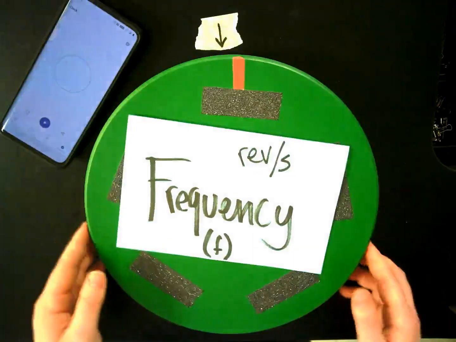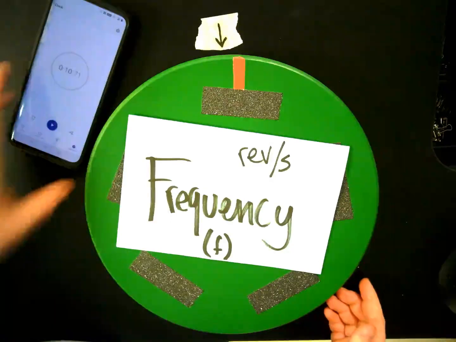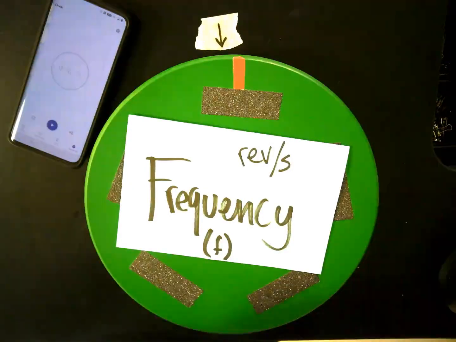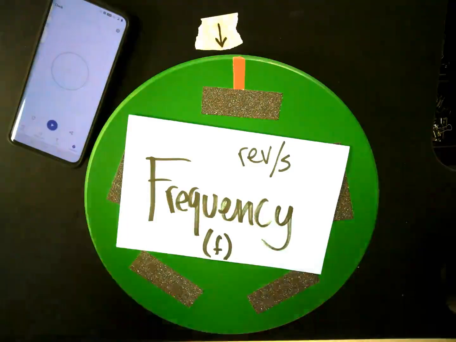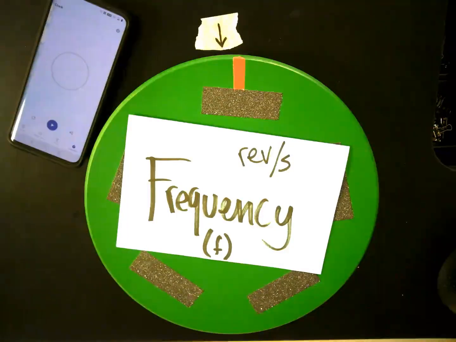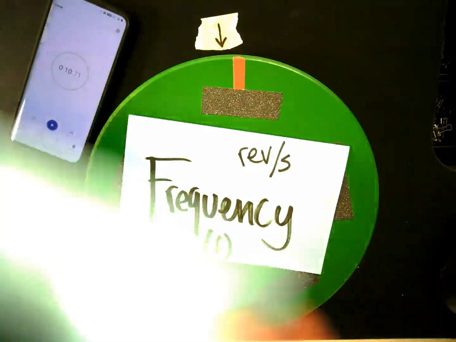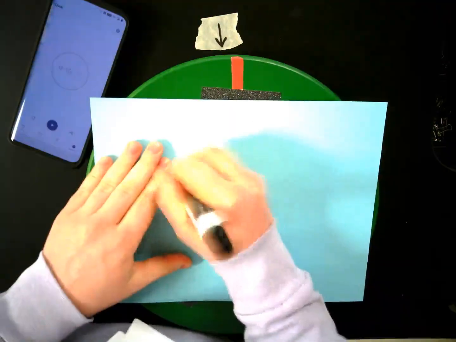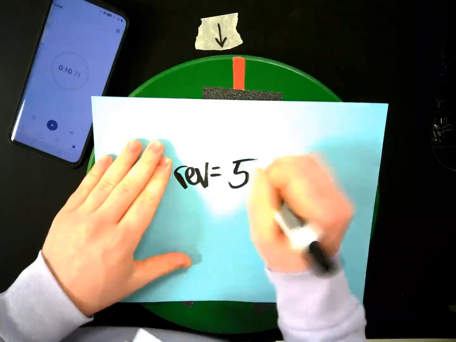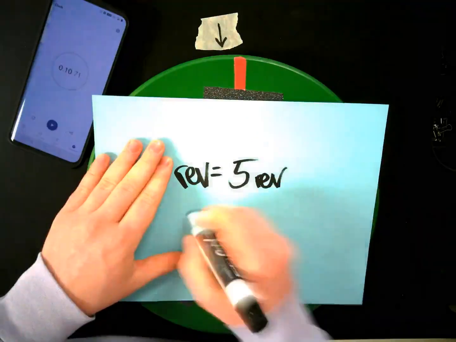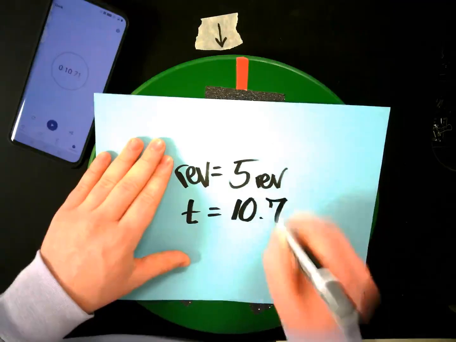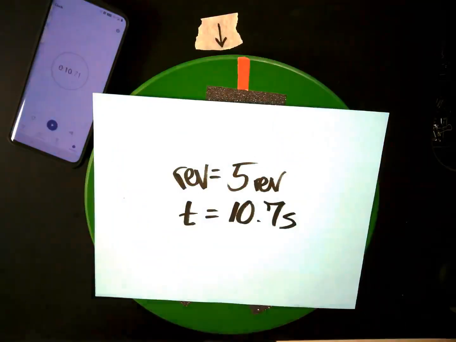Okay. So roughly speaking, and this is pretty crude obviously, it took us about 10 seconds to complete 5 revolutions. If we wanted to calculate the frequency of that, we had 5 revolutions, and it took us roughly about 10.7 seconds to complete 5 revolutions.